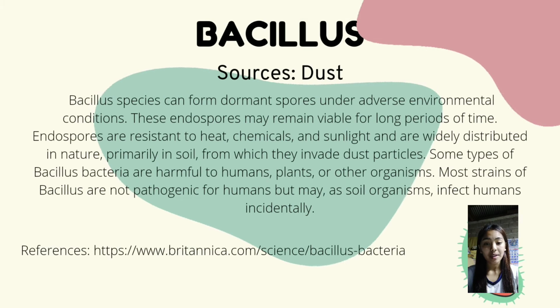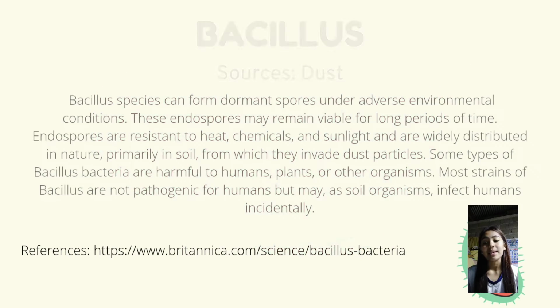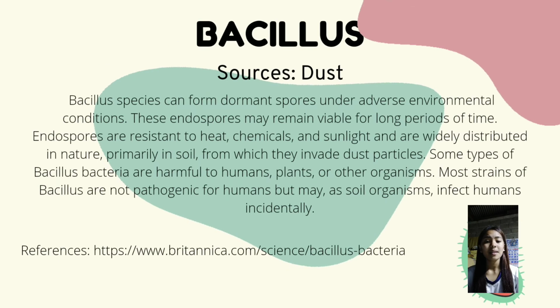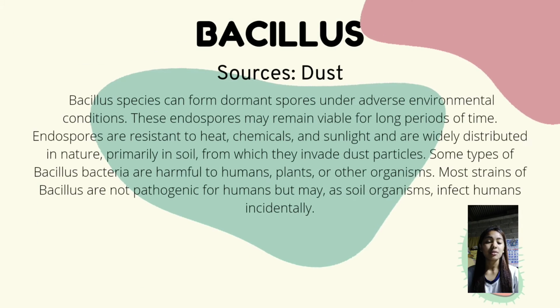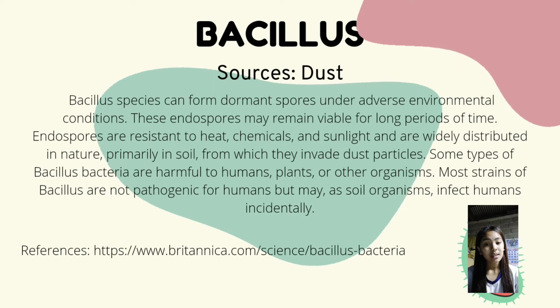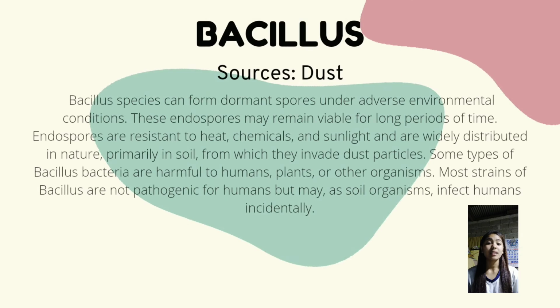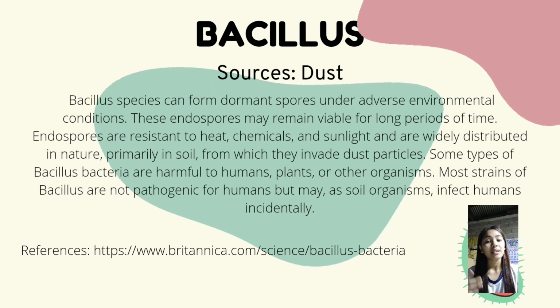The fourth microorganism is the Bacillus. The first source of Bacillus is the dust. In dust, Bacillus species can form dormant spores under adverse environmental conditions. These endospores may remain viable for long periods of time. Endospores are resistant to heat, chemicals, and sunlight and are widely distributed in nature, primarily in soil from which they invade dust particles.